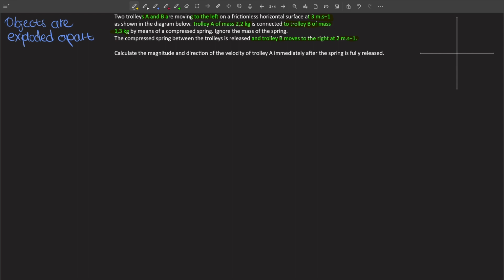Before, when they start, they only have one mass. Let's start with the formula.